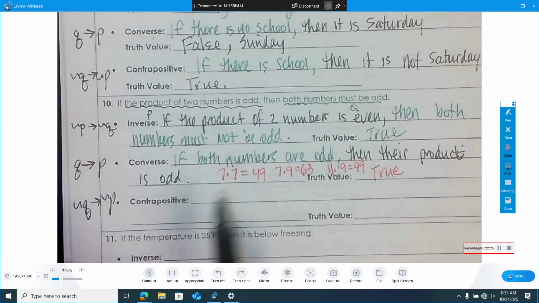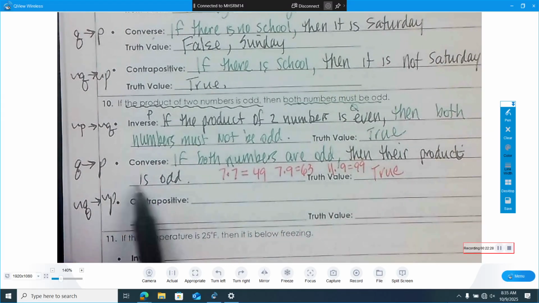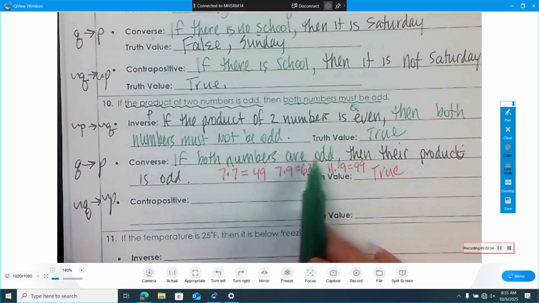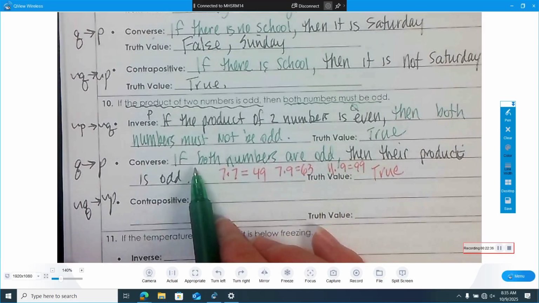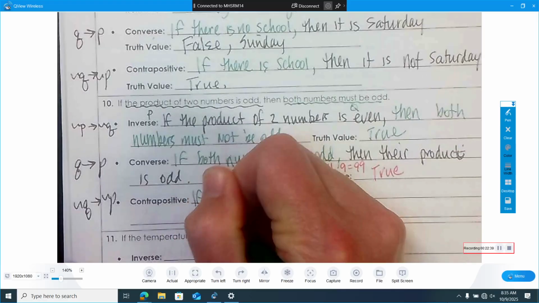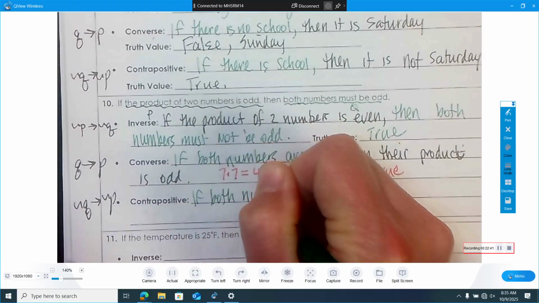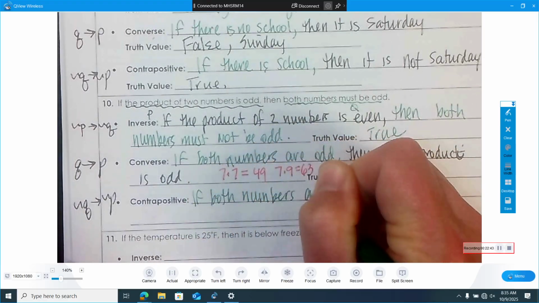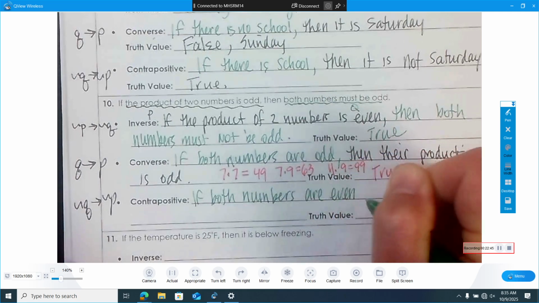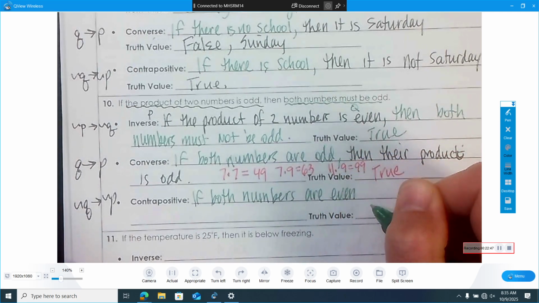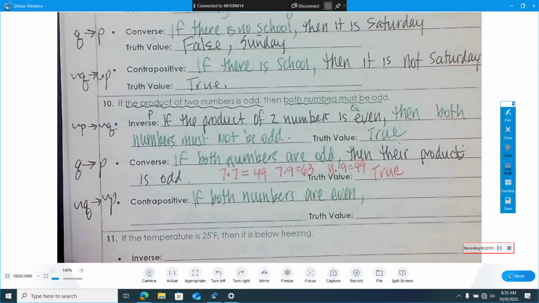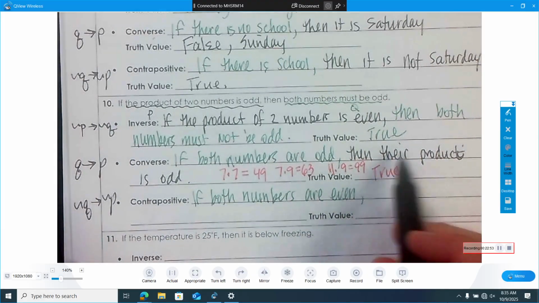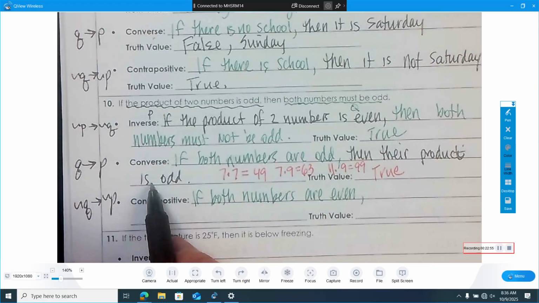Okay, so the contrapositive, all I have to do is take my converse and add in the nots. So let's see, if both numbers are not odd, what does that mean? Yeah, okay, so if both numbers are even, all right, then their product is not odd.